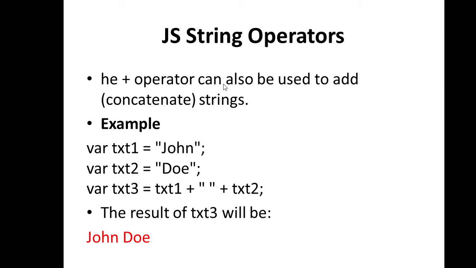Again, this is to join or concatenate. So txt1 is John plus space plus Doe. The result of txt3 will be John, then the space, then Doe. If we remove the space, it will be JohnDoe without a space in between the two names.